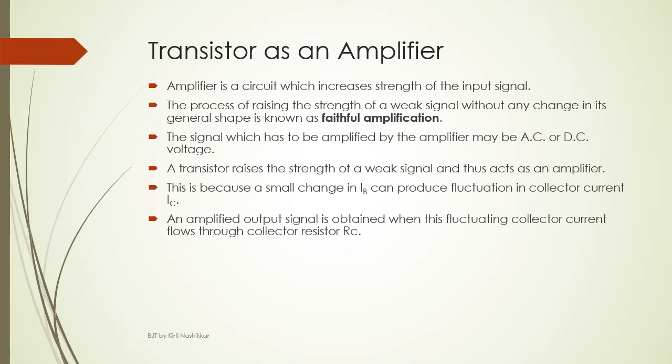So an amplified output signal is obtained when this fluctuating collector current flows through the collector resistor RC. All these things we must understand only when we see the actual circuit of the transistor as an amplifier. So that's why I'm going to show you the actual circuit of transistor as an amplifier and how it works.